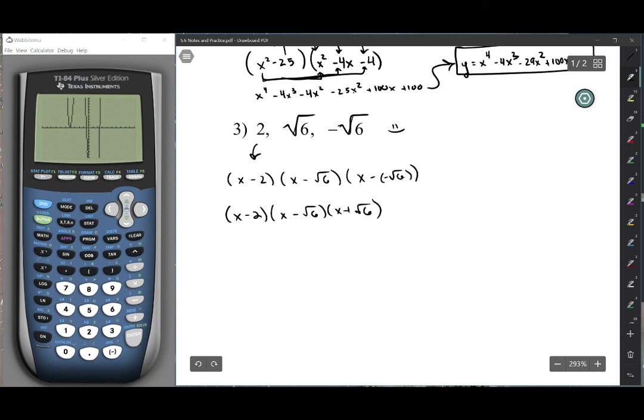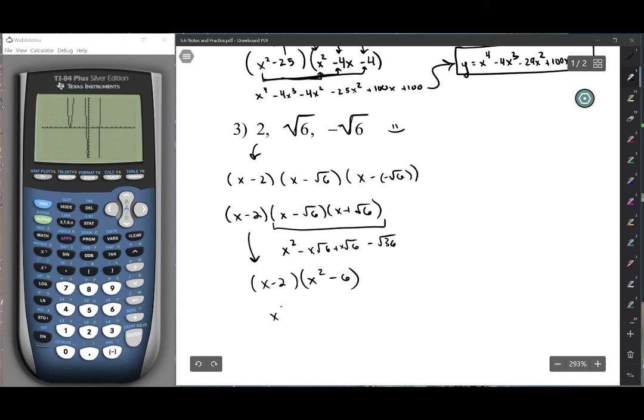And from here then, I would recommend taking care of the radical stuff first. So it's going to be x squared, FOIL, minus x roots of 6 plus x roots of 6. And minus root of 36, which means, hey, it's just x squared minus 6. And all we got to do is multiply by this one here, x minus 2.